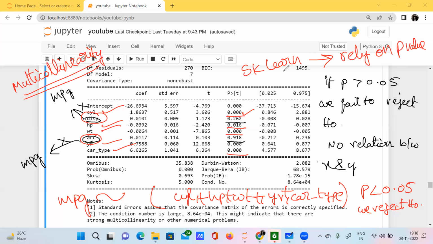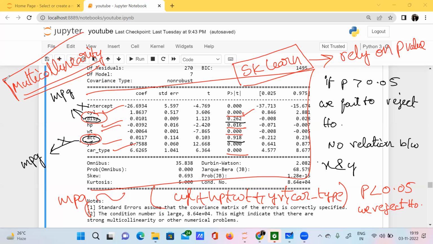That's the reason why sklearn is not providing all this table here, right? Because they don't rely on p values due to the fact that this data has multicollinearity. No matter whatever the data is, that data will definitely have some kind of multicollinearity. Due to that reason, sklearn won't rely upon these p values, right?